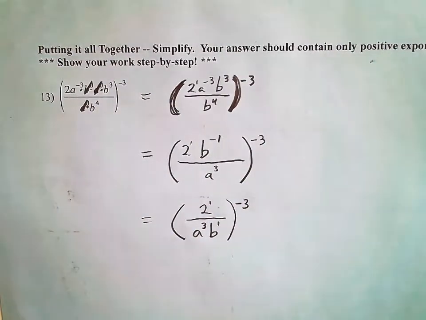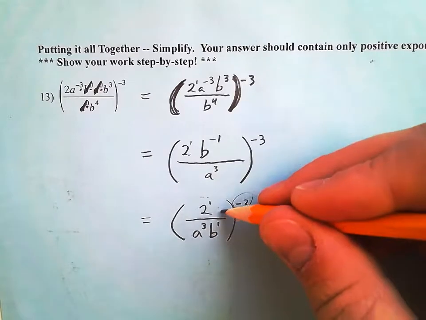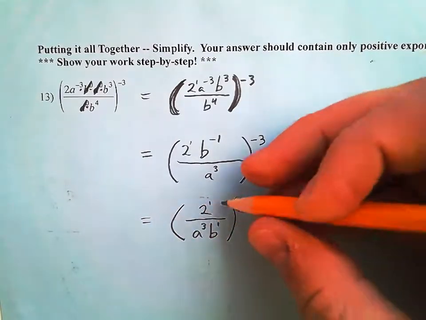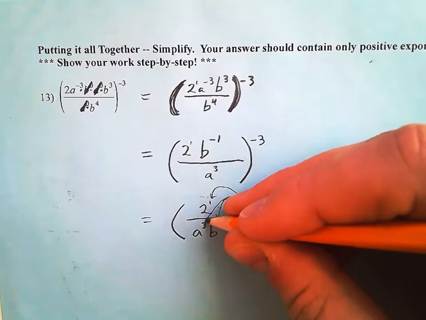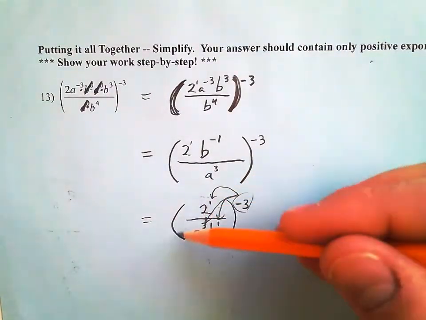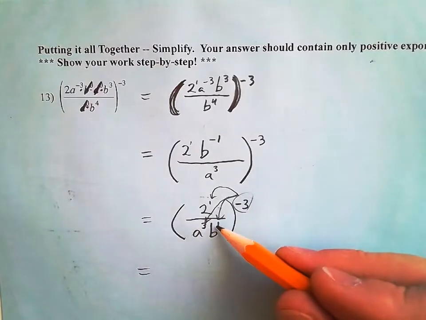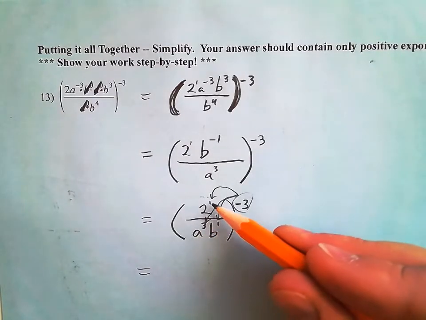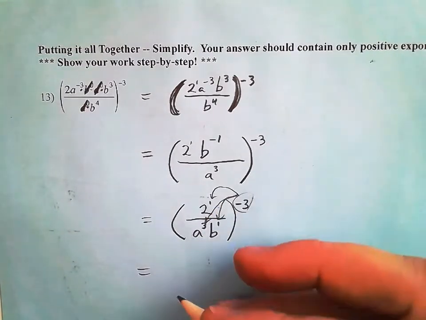Okay. Now I'm going to do what I was talking about earlier. Take this -3, because it's a power of stuff, and all the stuff in there has powers on it. So you've got a power of a power. You have to do all the factors in there. Okay, don't just do the b and forget about the a, or just do the 2 and forget about the stuff in the denominator.